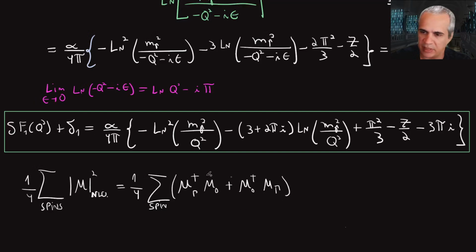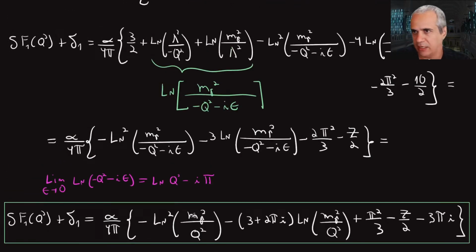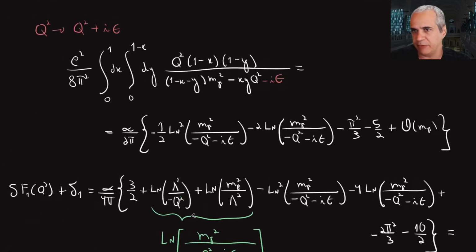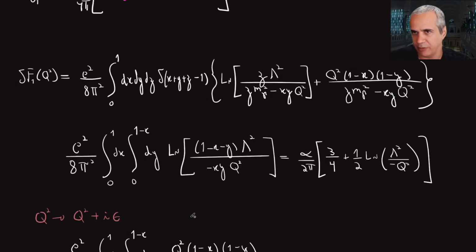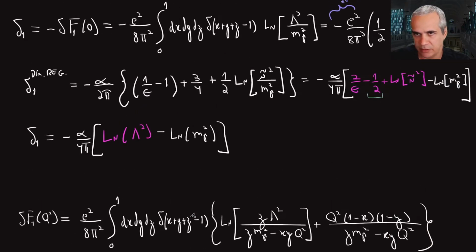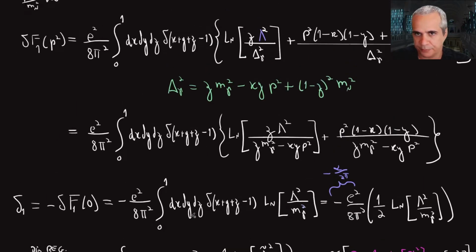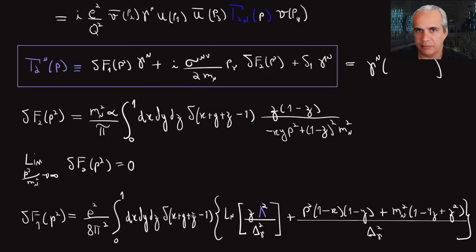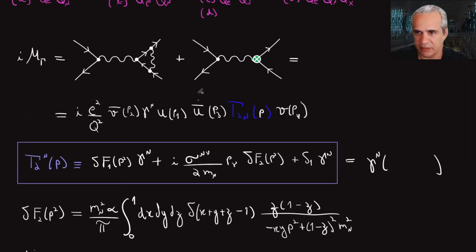As far as calculating these goes, everything is very similar to the tree-level calculation. But now, instead of having a Dirac matrix right here, let me go back to the expression for that matrix element, for that contribution. Instead of having just a Dirac matrix here, I have this complicated thing.